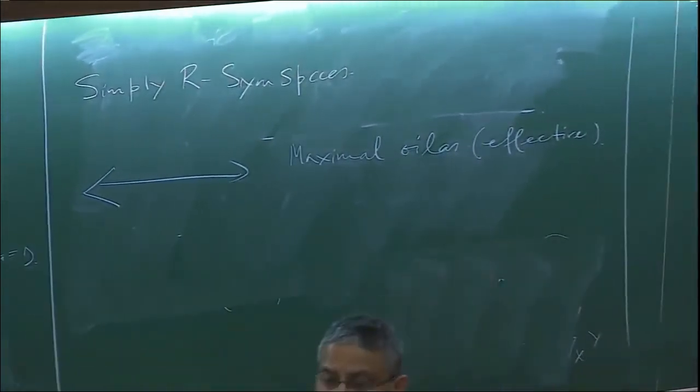I always assume it is effective. So these two categories are the same. Products are products. I mean, if I take a product of symmetric spaces and you take a direct sum of maximal OILAs, they also respect the product.